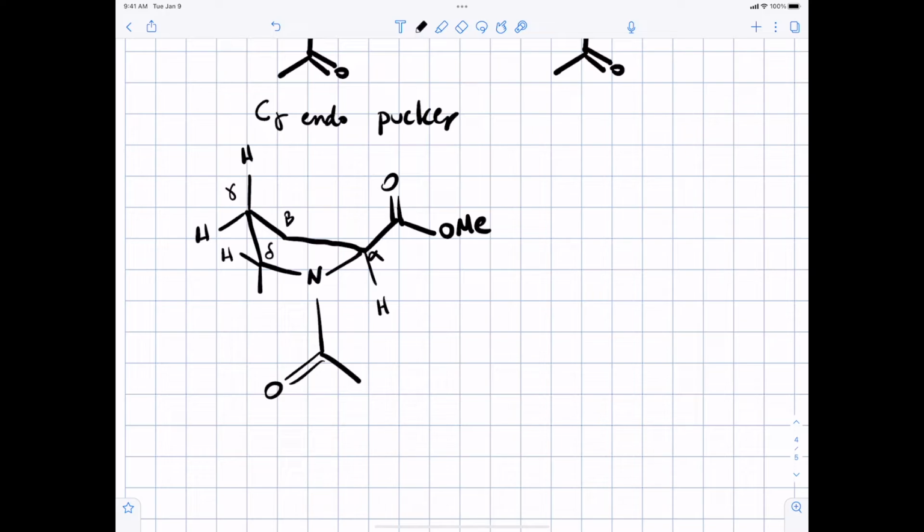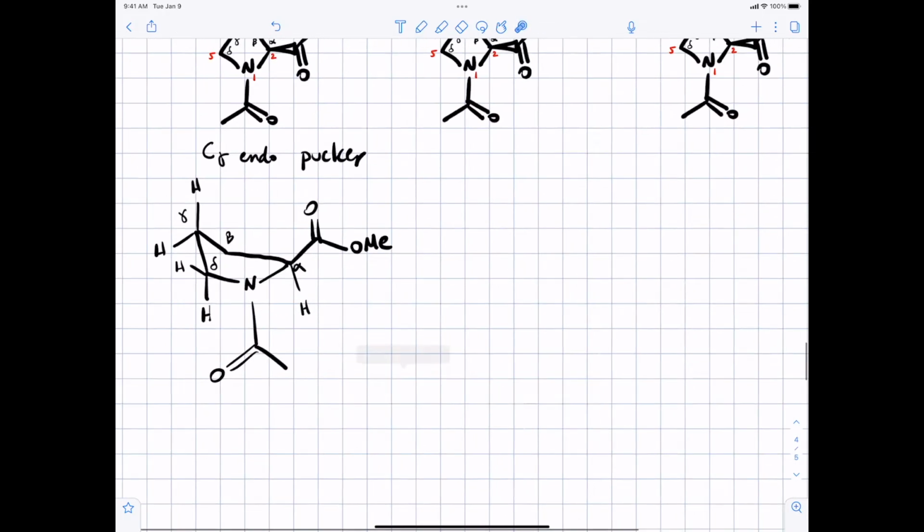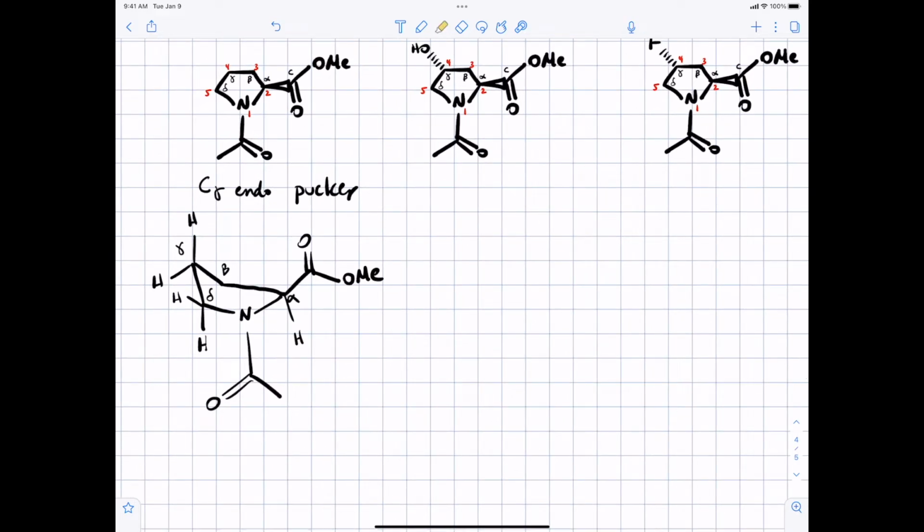And you can arrange the carbon-hydrogen bonds so things are in a staggered conformation. In contrast, for the hydroxyproline, it's the C-gamma exo pucker that is preferred. Now, I don't care that you know which one of these is endo versus exo. We're just focusing on the fact that a different ring conformation is preferred.